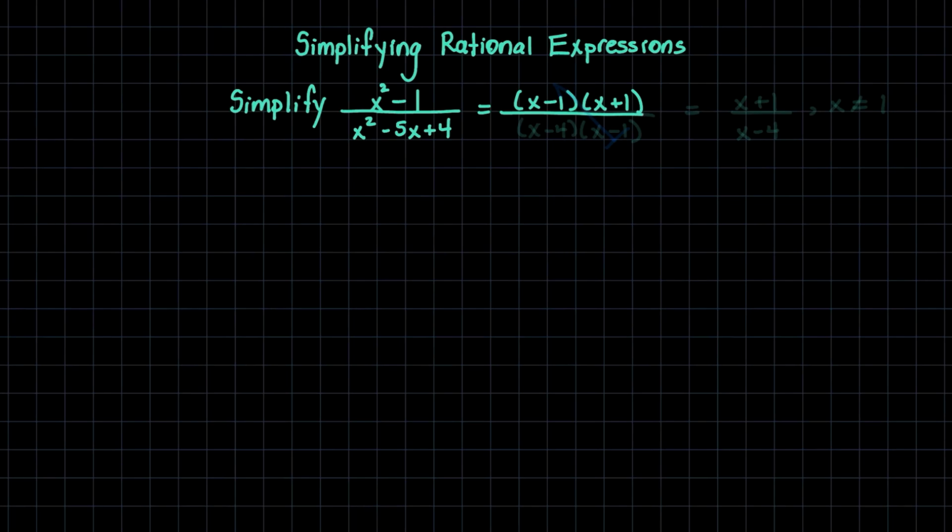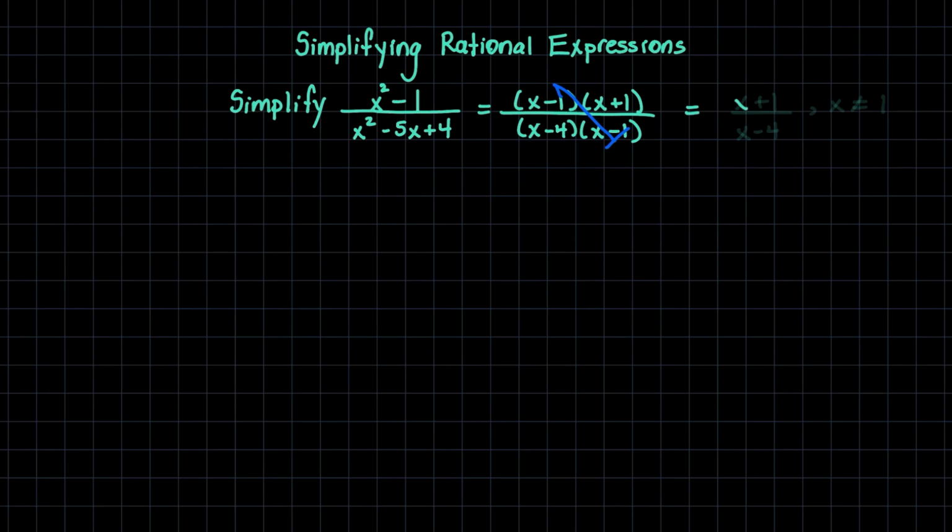The denominator is a quadratic trinomial. A equal to 1, so we just need 2 numbers that multiply to 4, but add to -5. So that's going to be -4 and -1. The numerator and the denominator both have a common factor, x minus 1.